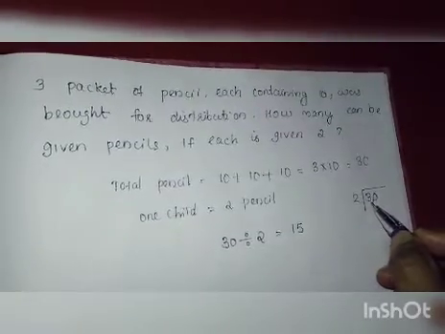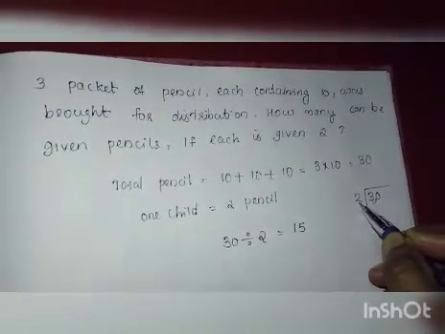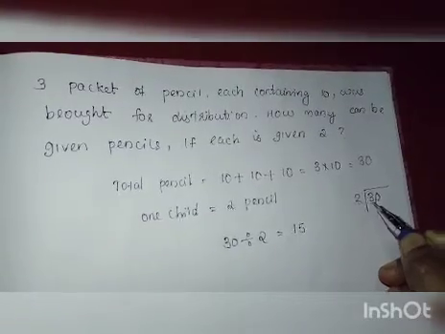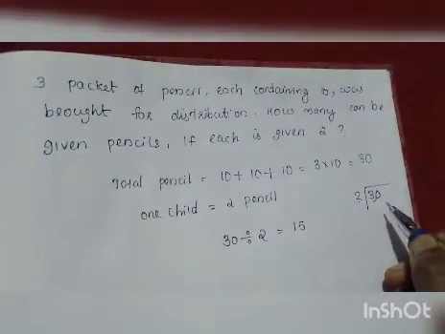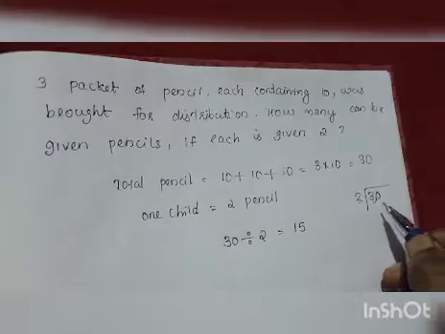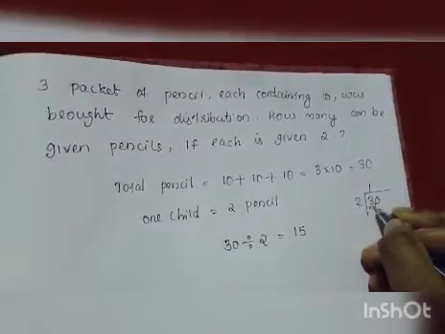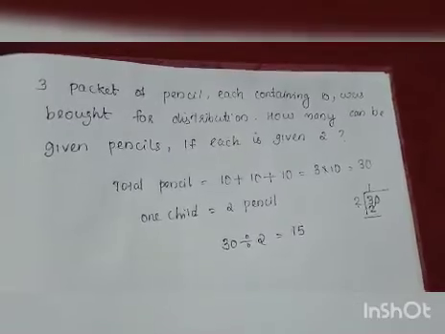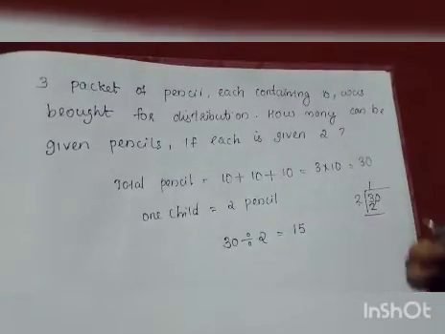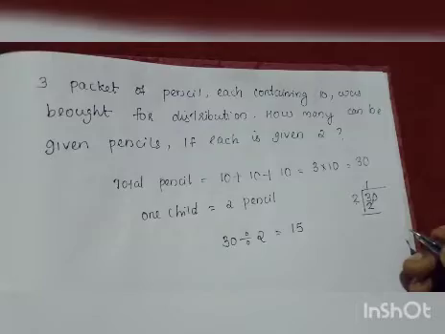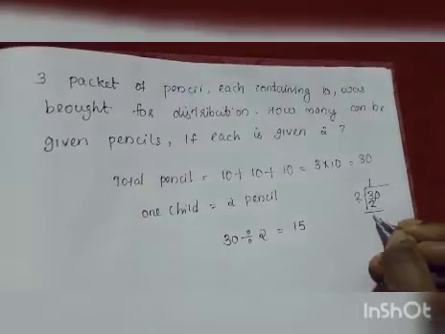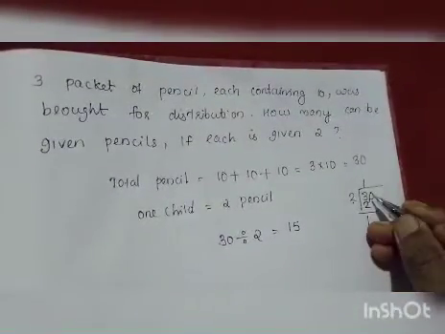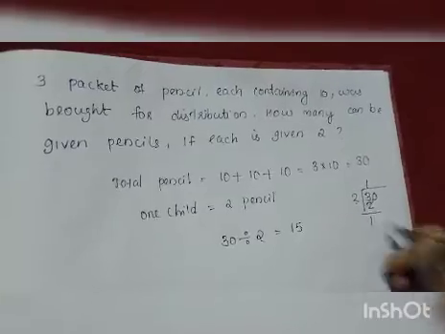Here 3 is not a multiple of 2, so we choose the nearest multiple below 3. That is, 1 2s are 2. This is the nearest multiple. The next multiple is 2 2s are 4, which is larger than 3, so we cannot choose it. Then 3 minus 2, we get 1.